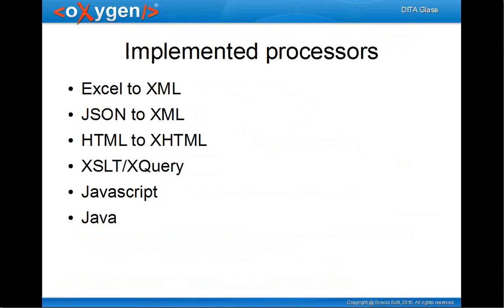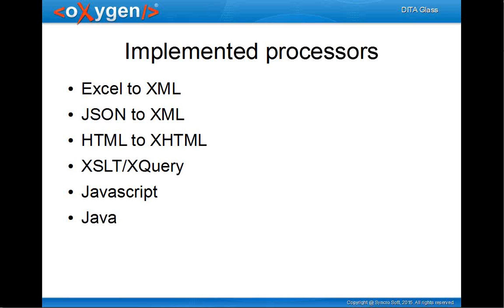We implemented only 6 processors. One of the processors we implemented is Excel to XML. So it's a simple processor which takes Excel and outputs a custom XML format, which is not DITA. We have another processor which takes JSON and outputs XML.